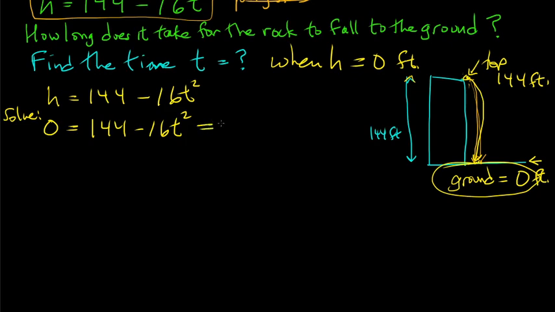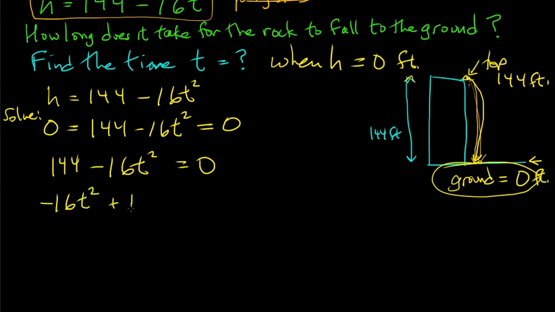The 0 should be on the right side, right? So we can always just switch them around. We did that once before. And you might think it still looks backwards. And if that's the case, then you can switch the order of the terms. This is negative 16t squared plus 144 equals 0. That's okay too.